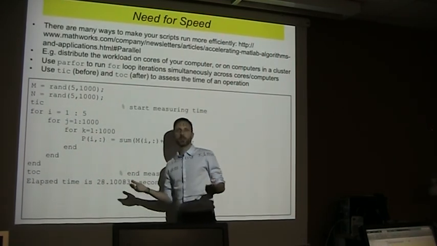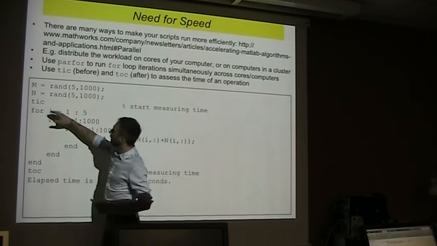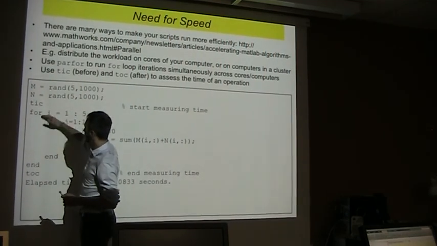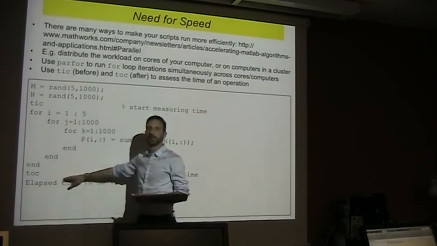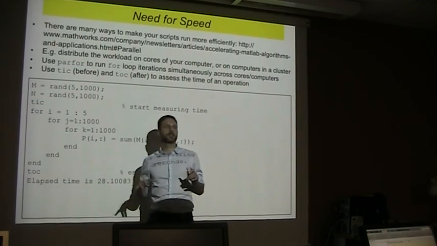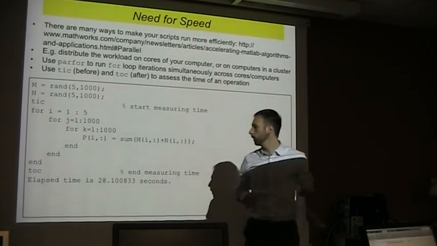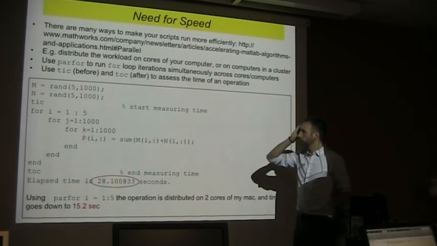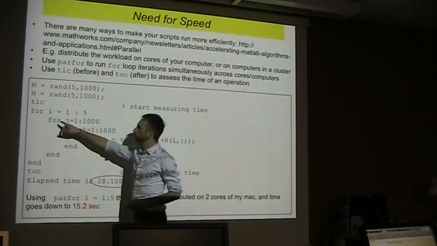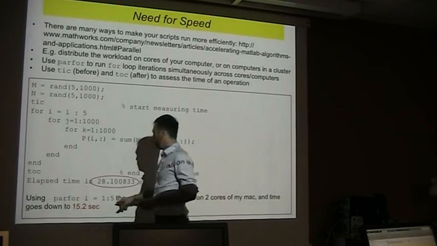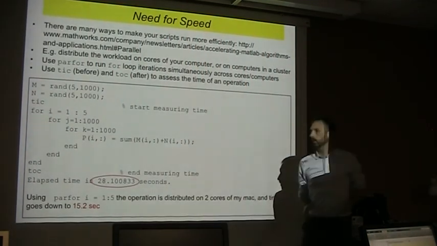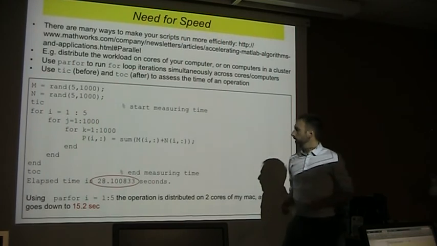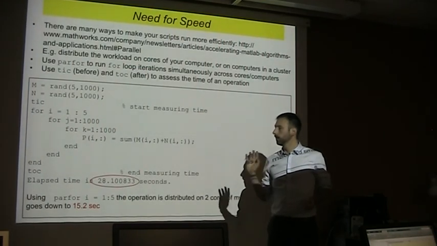How do I know how much time it takes? I put tic before these for loops and toc at the end. It's pretty cool to measure the timing of your operation. And the output, as you see, is 28 seconds. And if I just change this for into parfor, it goes down to 15 seconds, which is not an amazing gain in speed, but it's better.